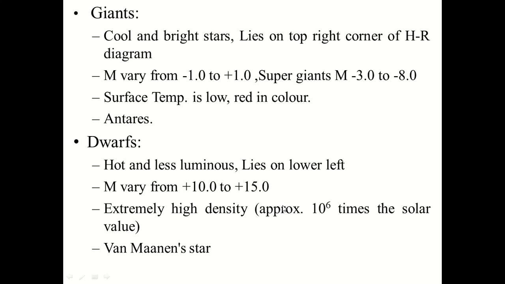But for the main sequence stars, if they are hot enough, they will have high luminosity, and if they are less hot or the temperature is low, they will have less luminosity. So that's all about the categories of stars.